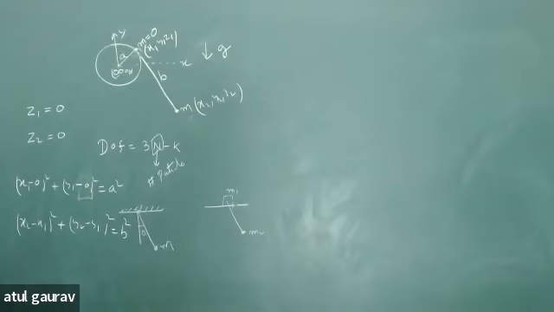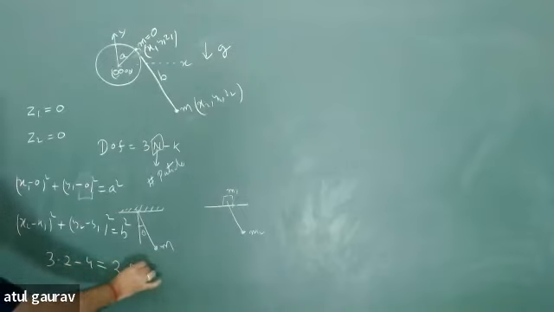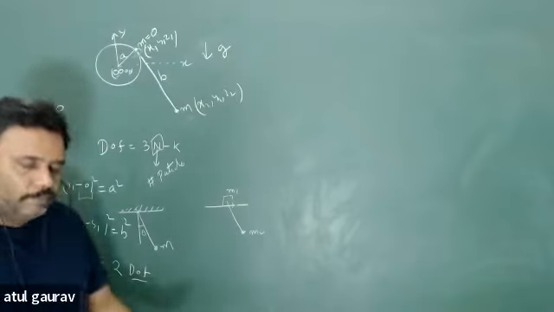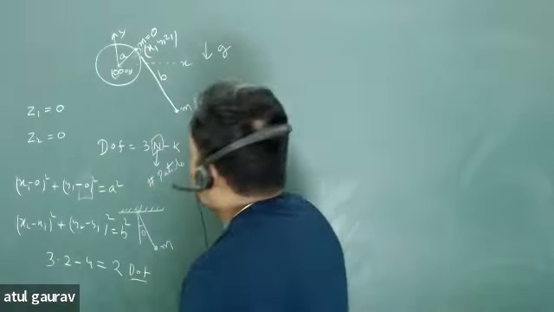Okay. Can I write this thing? So what will be the degree of freedom? 3 into 2 minus 4 is equal to 2 degrees of freedom. Now we can calculate this particular thing.